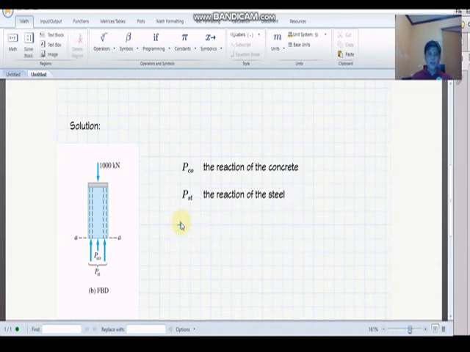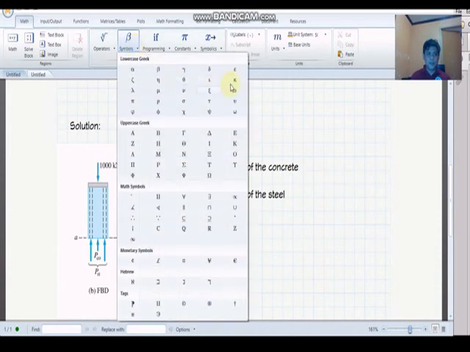So applying now the equations of equilibrium, the only available equation is the summation of forces along the y-axis. So let's do the summation of forces.